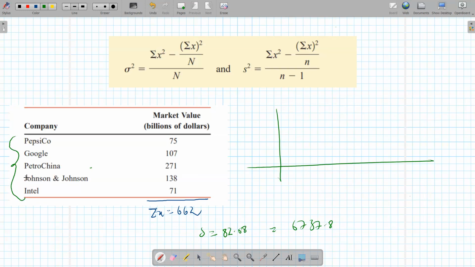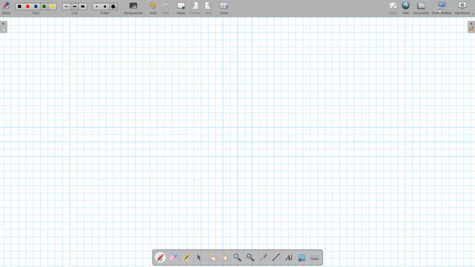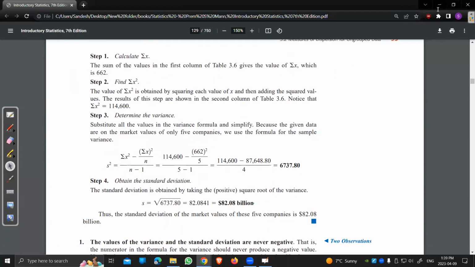The order doesn't really matter, but the first one is 75, the next one is 107, the next one is 271, the next one is 138, and the next one is 71. See, the average distance between these is 82.08. That's what the variance and the standard deviation give us.